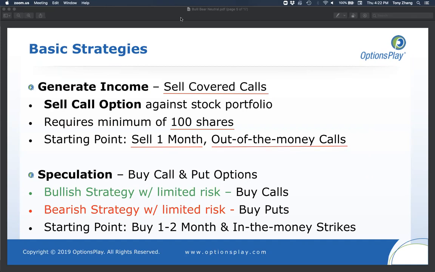So what that means is that if you have a stock that's currently trading around, let's say, $100. If you own this stock, you obviously believe that it's going to go higher. So when you're selling a call option, you always want to sell a call option that's higher than the current price.